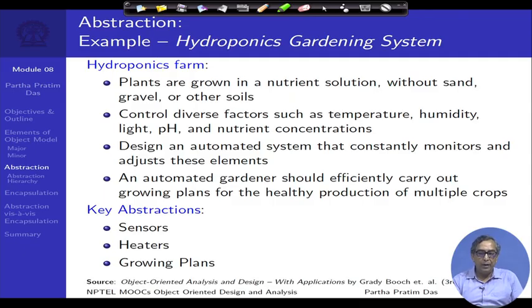So, these are all abstractions, but each abstraction looks at a different aspect, and when you look at the sensor, you certainly are ignoring the aspects of growing plants. When you are looking at the growing plant, you are ignoring the aspects of the heater and so on, but certainly you need all these different abstractions to somehow work together for the whole system to be feasible.